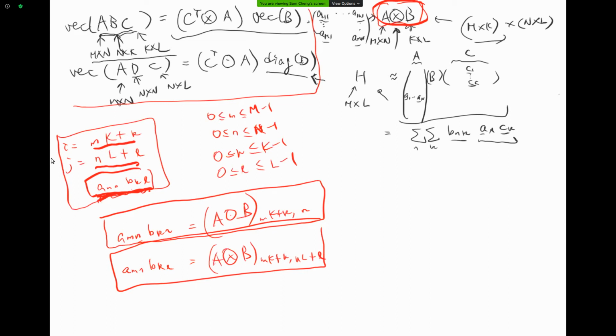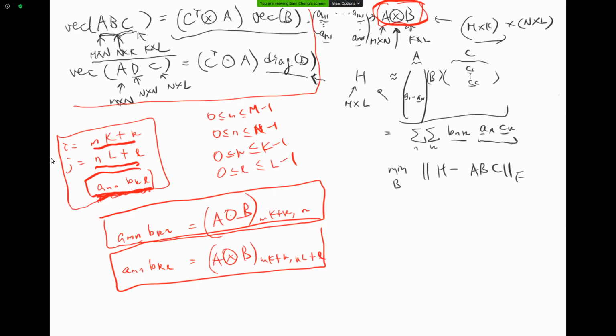We are assuming A and C are fixed, and we're trying to minimize over B. So the problem is to minimize B such that H is close to A times B times C, with the Frobenius norm, which is basically the sum of squares of all the elements in the matrix.